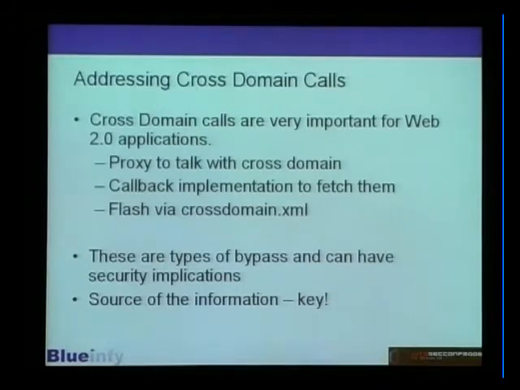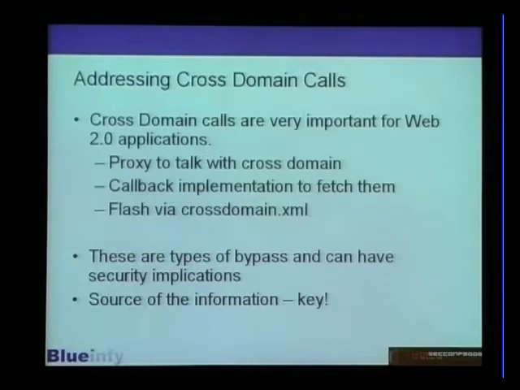One of the fundamental things here is that the stream coming to your browser is coming from an untrusted source if you are running a mashup application, and cross-domain calls are very common. Cross-domain calls are one of the important ingredients of your Web 2.0 application, and to bypass the cross-domain or same-origin policy in your browser, developers have used three ways.